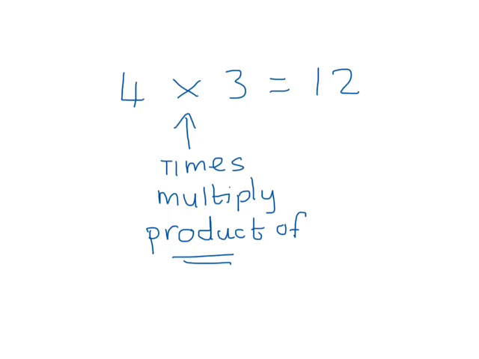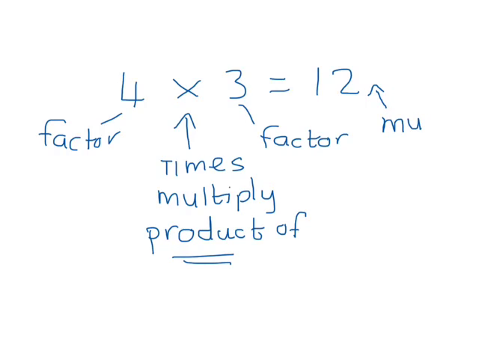Alright, the 2 numbers you're multiplying together, if we were to describe them in relation to the answer, 4 and 3 are both factors of 12. So 4 is a factor of 12, and 3 is a factor of 12. And when you multiply 2 factors together, you'll get their multiple.